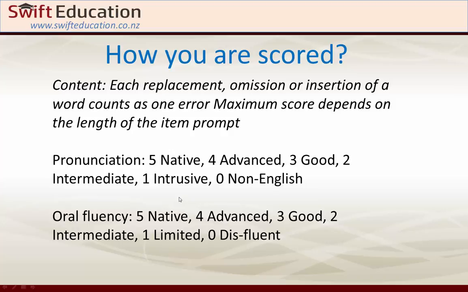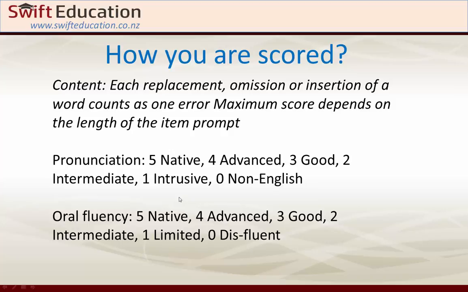Then we go on to pronunciation, which is scored by determining if your speech is easily understandable to most regular speakers of the language. Again, it's basically on a scale from 5 to 0. So 5 being native and 0 being non-English or non-native. Then you get scored 4, 3, 2, 1 for advanced, good, intermediate, and intrusive.